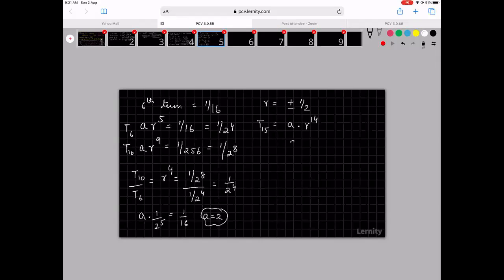So I substitute 2 into 1 by 2 power 14 will become 1 by 2 power 13. So now I can find out 2 power 13. 2 power 13 is 8196. So this is equal to T15.